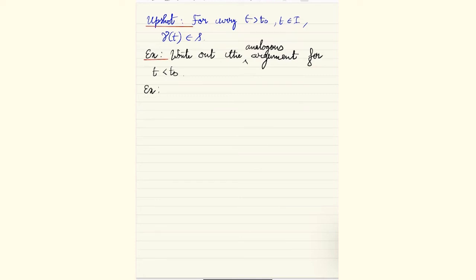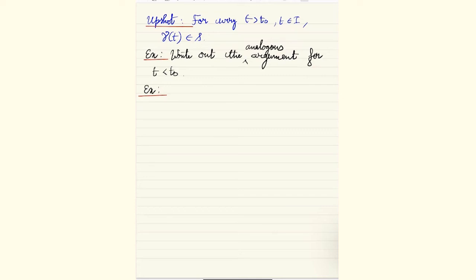In the examples of integral curves of vector fields that we saw, all of them were defined on all of R. So the maximal integral curves were defined on the entire real line. But of course, this need not be the case. So I'll give you an example, and your exercise will be to see what the domain of the maximal integral curve is.